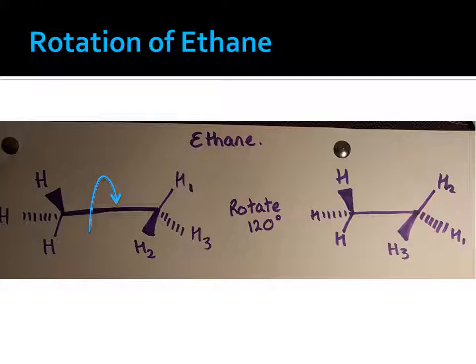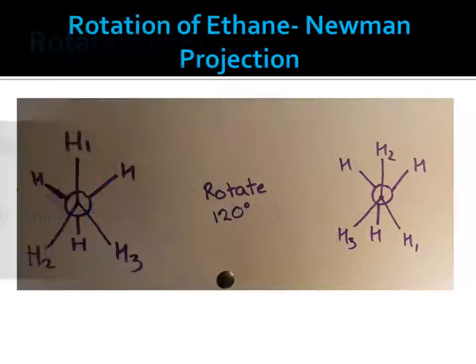And from that position, if we rotated it a further 120 degrees, it would end up back here in this original diagram. This again is showing the rotation of 120 degrees. It's easy to see how this hydrogen here comes down here to where the H3 was, and this is a staggered conformation.